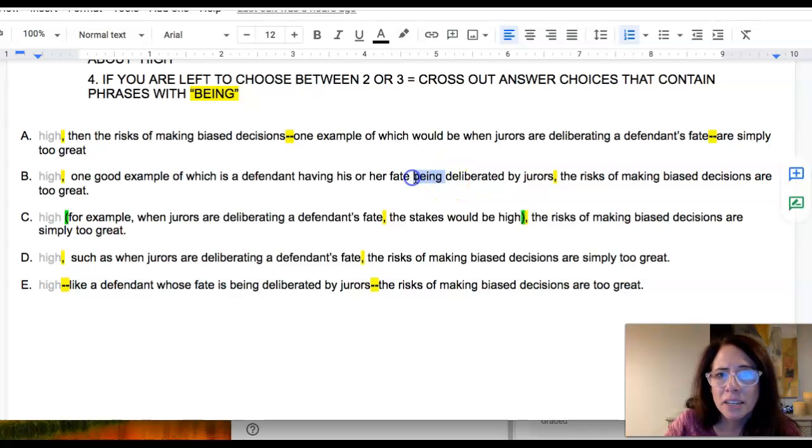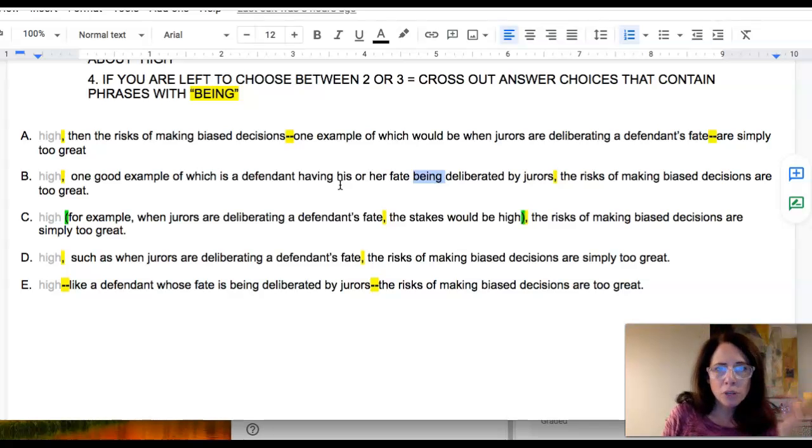When you see this ing being word, it is passive voice because the actors in our sentence are the jurors, and the jurors are hidden. So it's actually the defendant having his or her fate being deliberated by jurors, right? That's actually twice removed. The jurors are deliberating the defendant's fate is the active, more direct, straightforward way to say it.